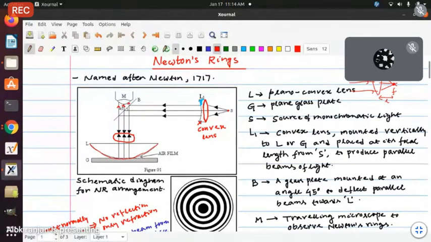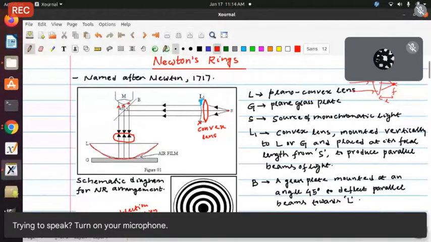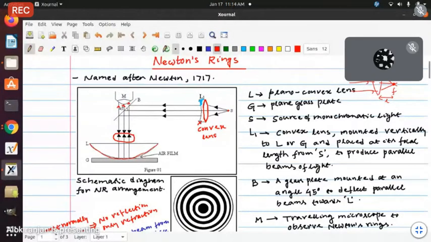So if you put a point source at the focal point on the other side of this convex lens, you can generate a set of parallel beams. Therefore the distance between this convex lens and S is the focal distance or focal length of this convex lens. As you can see, we can generate a set of parallel beams.